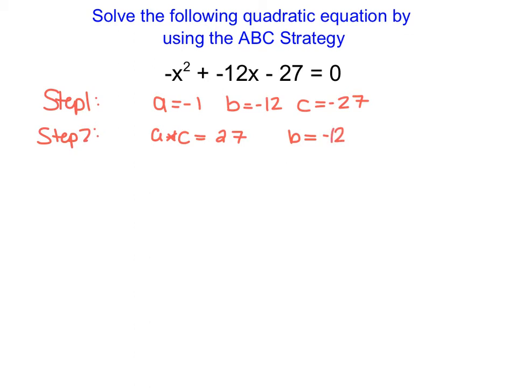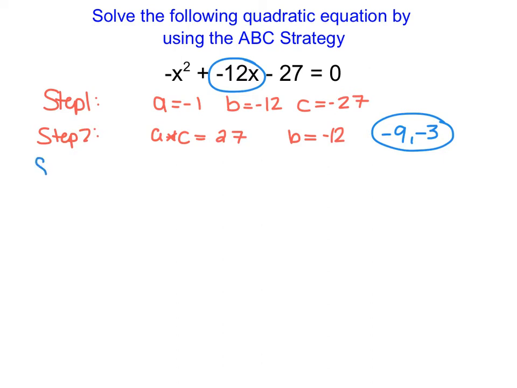So I need two numbers that multiply to 27 but add to -12. And if I think through the factors of 27, I find that the two numbers that multiply to 27 but add to -12 are -9 times -3. So I'm going to rewrite this term here as -9x plus -3x.